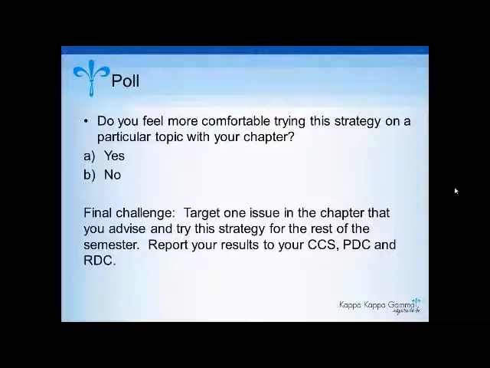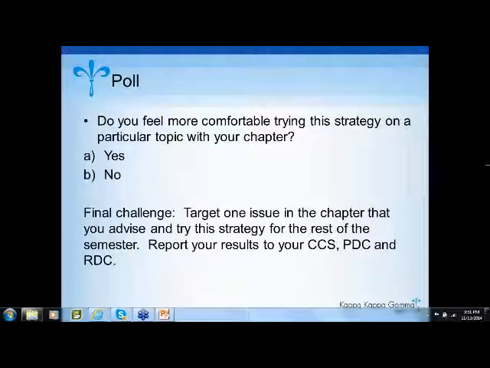How about this? Those of you who would feel more comfortable trying this strategy, if you're yes, please raise your hand. Oh, good. Everybody's raising their hands. Bravo.